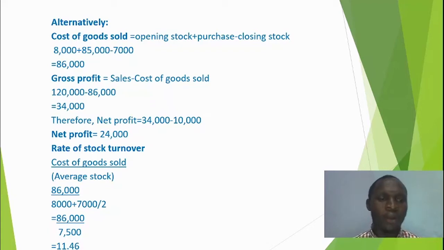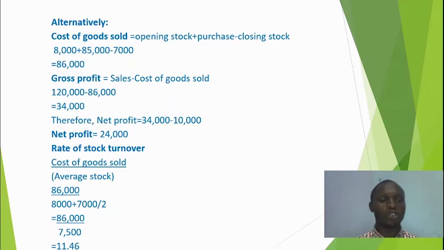And our rate of stock turnover, which is the number of times that goods was sold. The formula is cost of goods sold divided by the average stock. If we can remember the formula very well, then all we need to do is insert the figures and arrive at our answers.